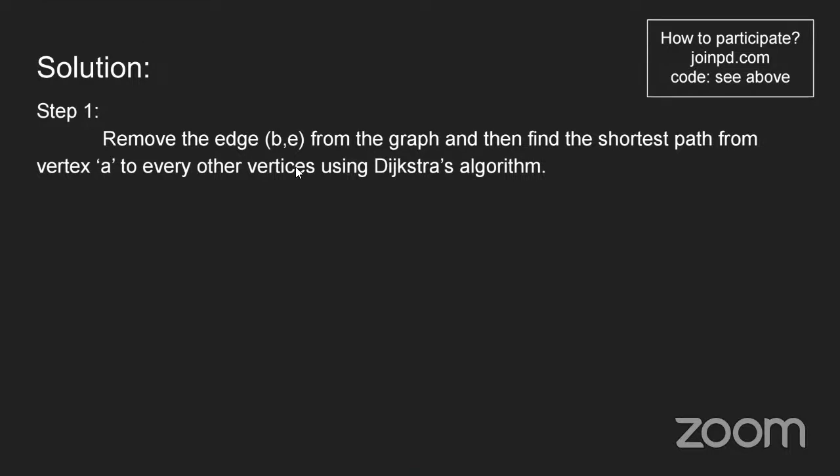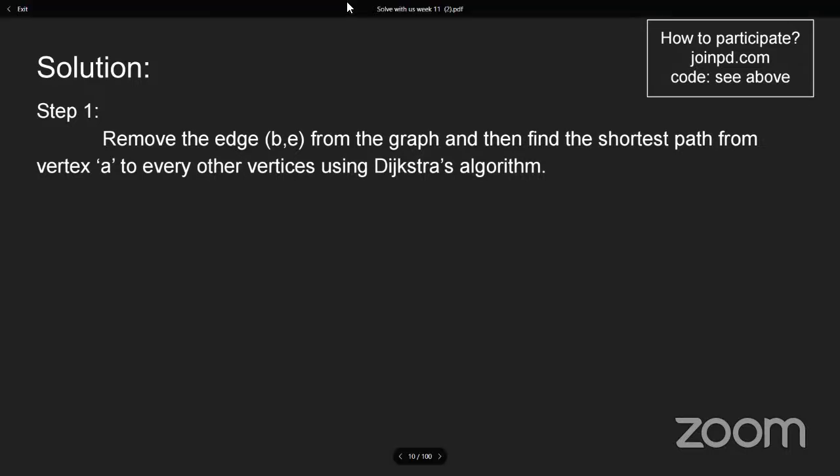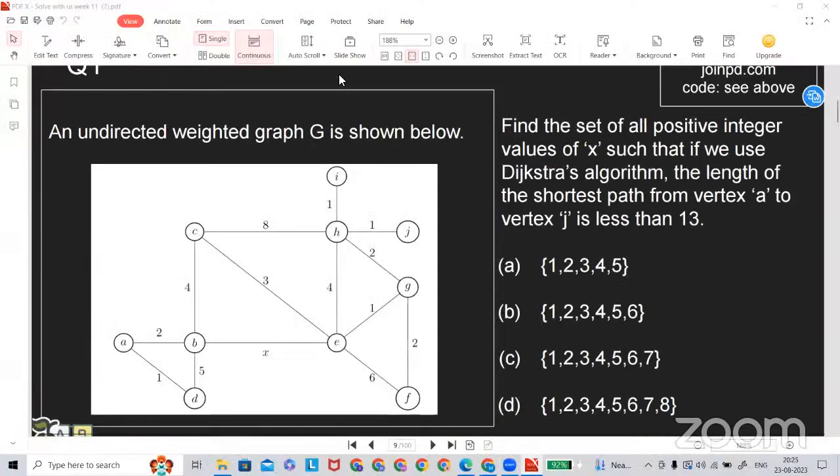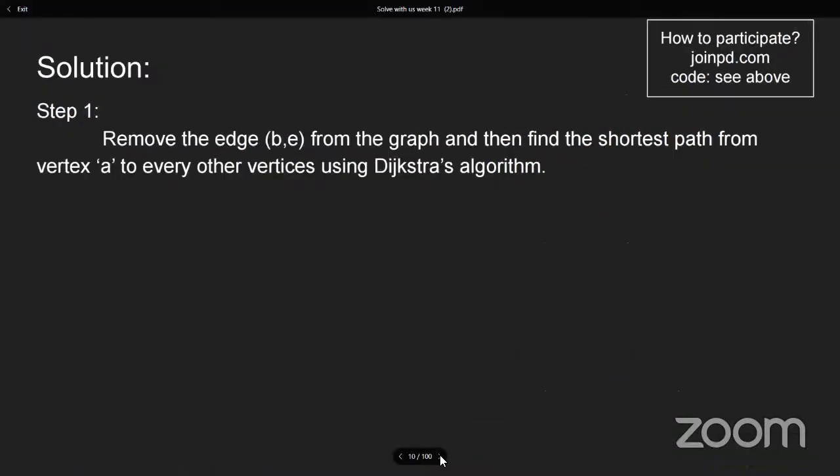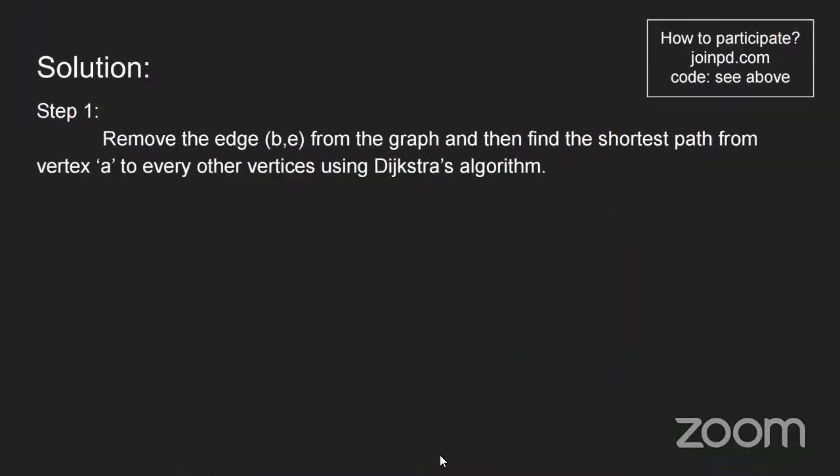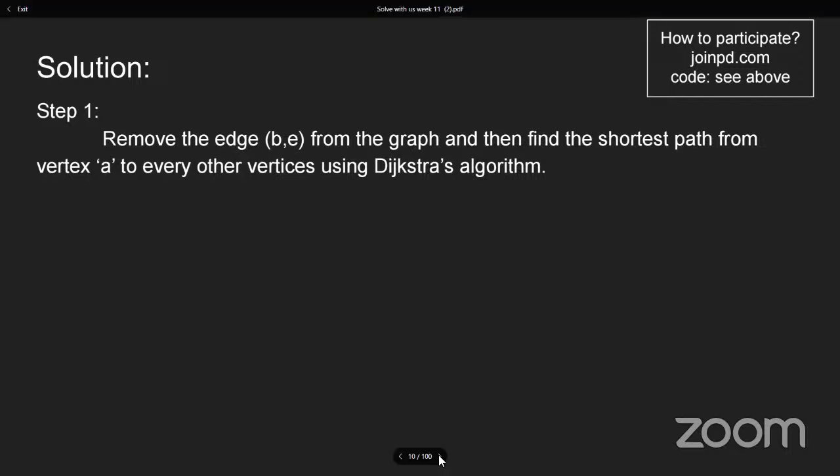Again, Dijkstra finds the shortest path from a single source to all other vertices. So we can think of it as just removing B. In the next step, we can see the solution.